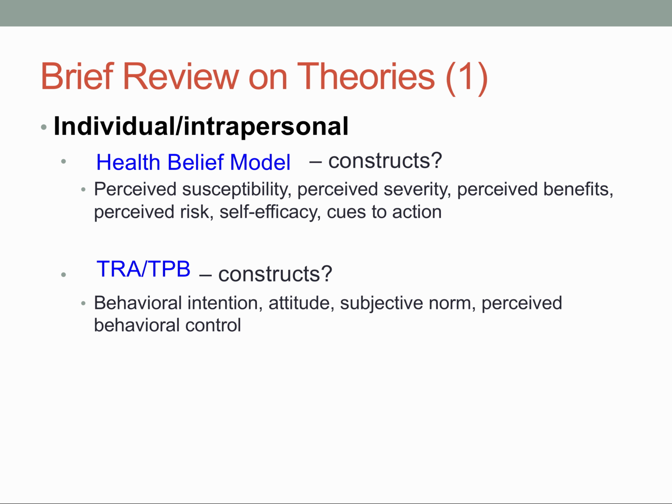We can understand whether or not somebody decides to do something in terms of their attitude, subjective norms, and their intention, or their behavioral control, and whether or not they intend to do something and have control over those things. Ultimately, all of these constructs can help explain whether or not somebody decides to do some type of behavior.